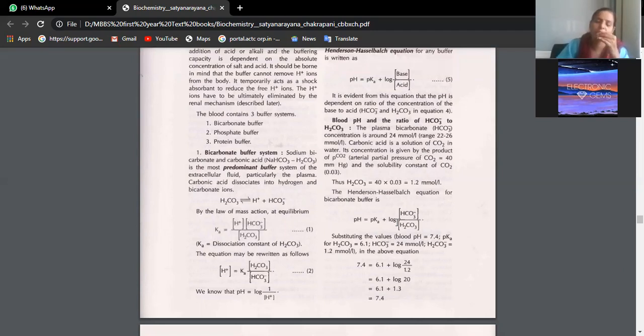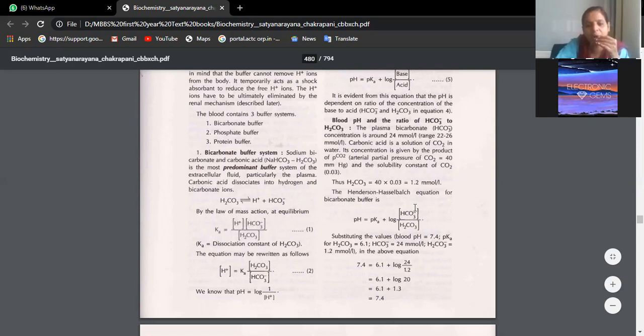Suppose it is fatty acid metabolism, there you will see ketone bodies, which are acids. That means most of our body's end products are acids. So in order to neutralize, we have so much base reserve, which is called the alkali reserve. Alkali is 24 times more present in our body than acid.